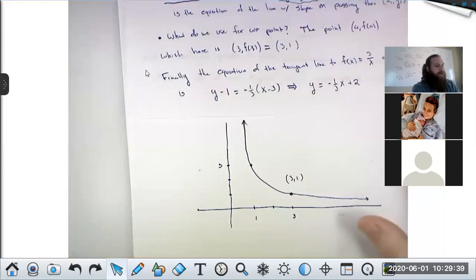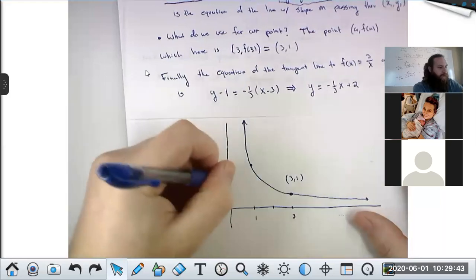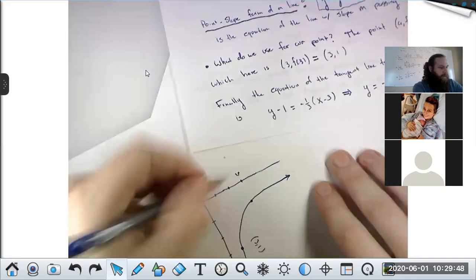So this is 3 comma 1. And my tangent line is y equals negative 1/3 x plus 2. So it's got a y-intercept right here, and it goes through this point.